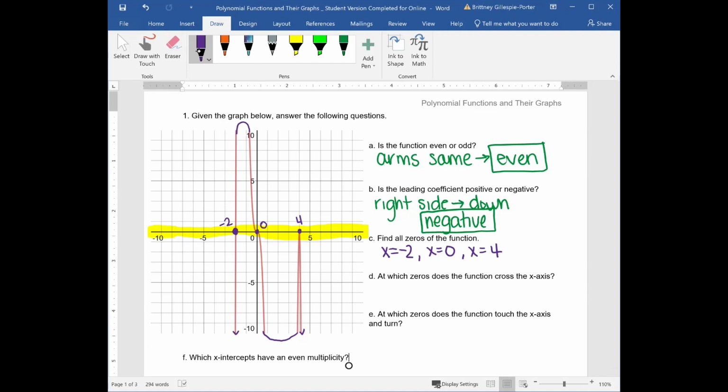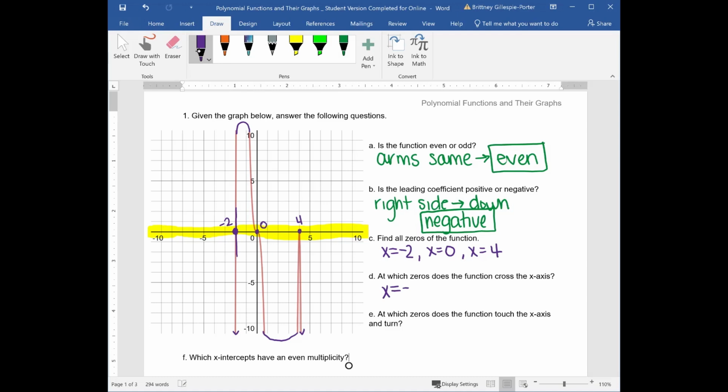Part D asks where the function crosses the x-axis. Remember, crossing means that you go from above the x-axis to below or below to above. So for instance, working from left to right, at -2, our function goes all the way across.